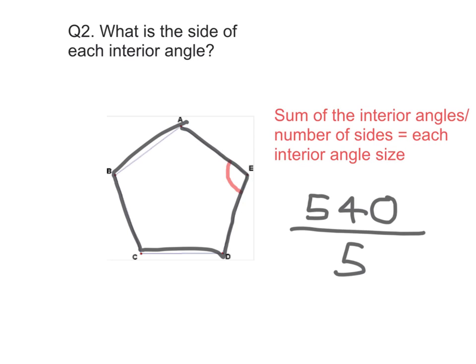So you would divide that, and you will find that that will give you an answer of 108 degrees. So you've now answered both of the questions for polygons, finding out the sum of the interior angles and finding out each interior angle size. Now you can use this formula for the different varieties of polygons. Just remember that the formula stays the same except for the number of sides of the polygon.